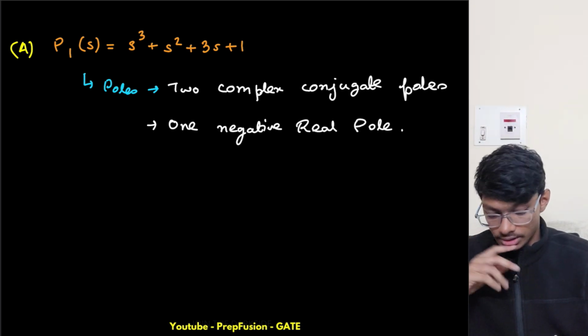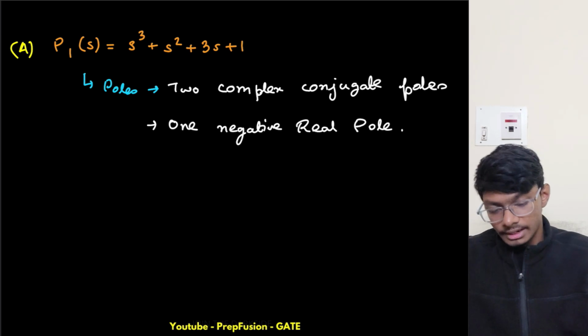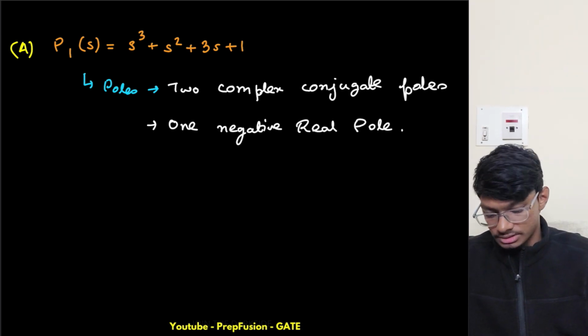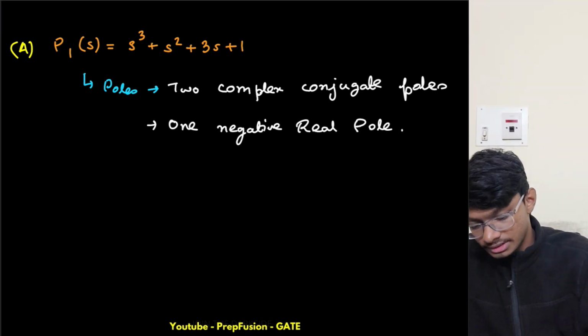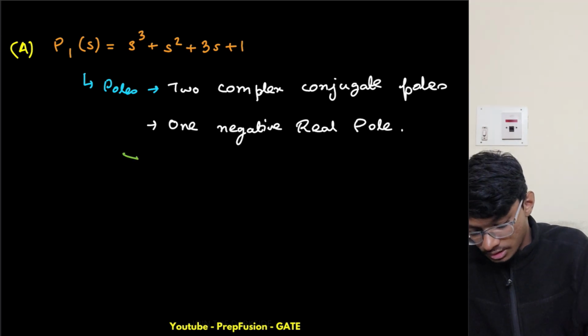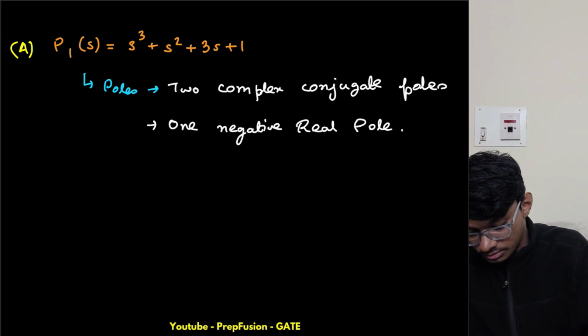So we have 3 poles, and all of them are lying in the left hand side of the plane. What does this mean? This means that this is a Hurwitz polynomial.